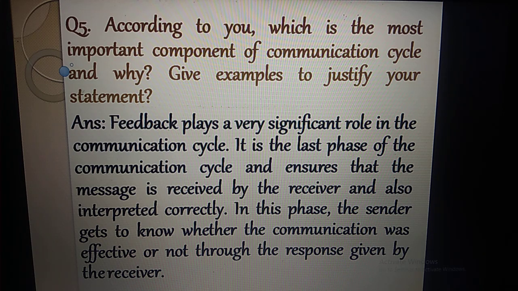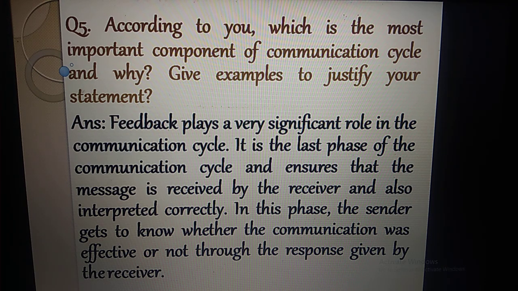Because with the help of feedback we can understand that the receiver has totally understood the message which is sent by the sender. So you gain a response from the receiver. So it is the topmost component of the communication cycle. Okay, it plays a very significant role.